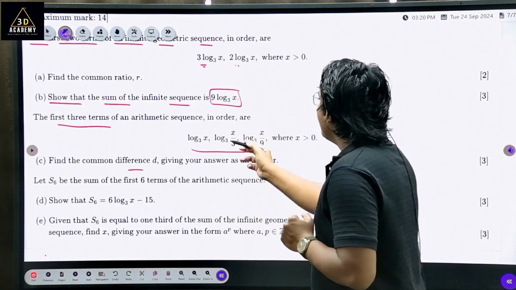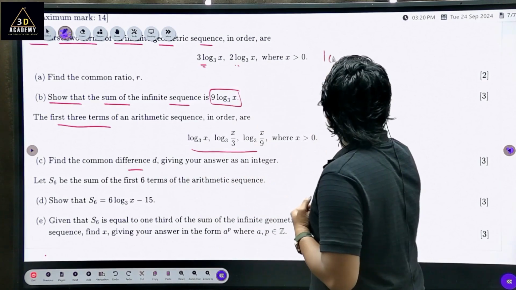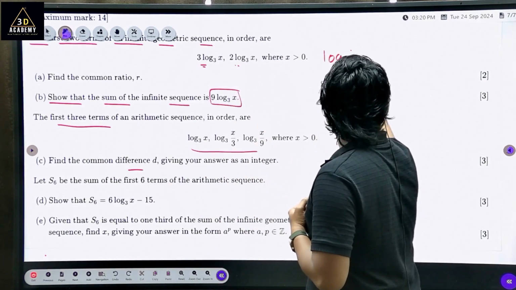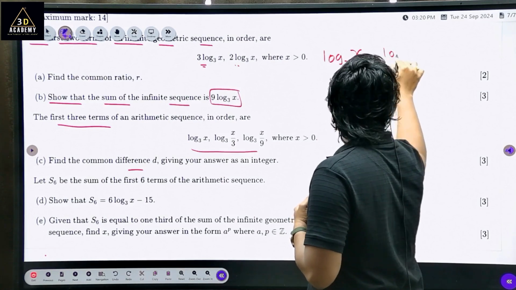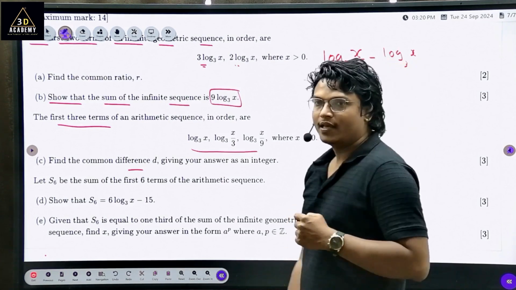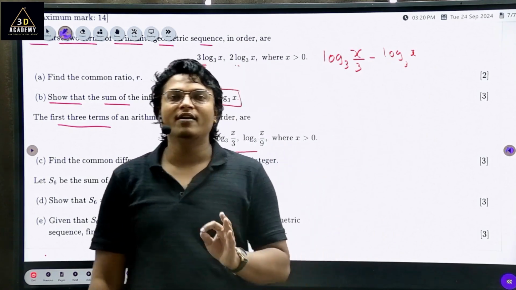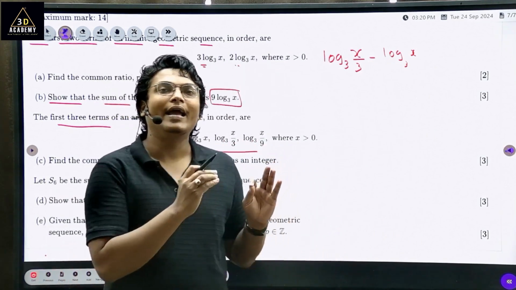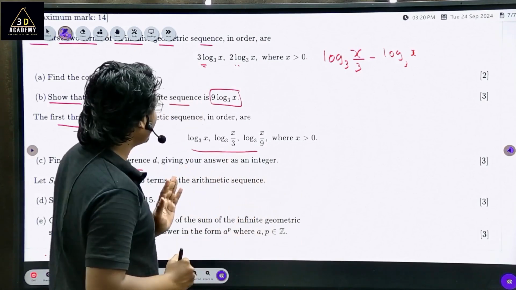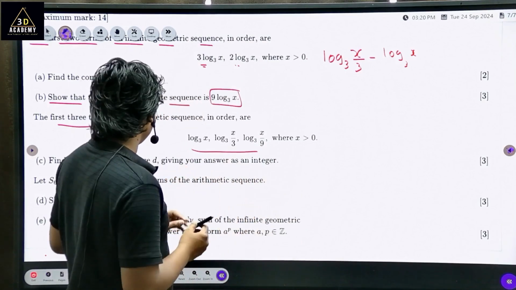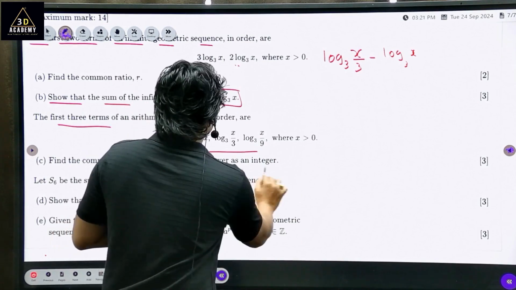They want the answer in the form of an integer. So common difference means what? Common difference means a2 minus a1. Log 3x upon 3 minus log 3x. Correct? An integer is needed.